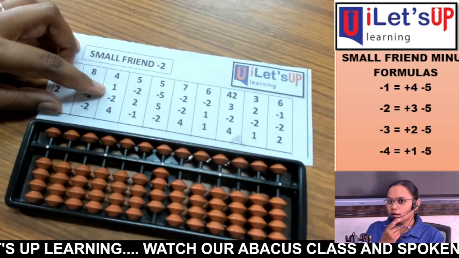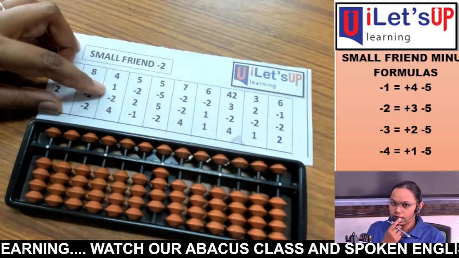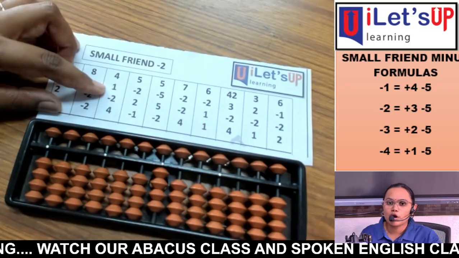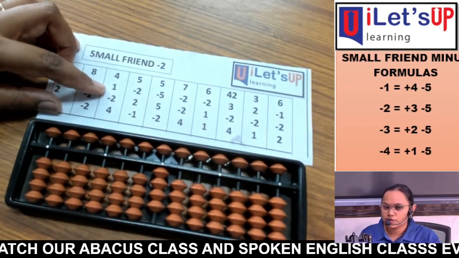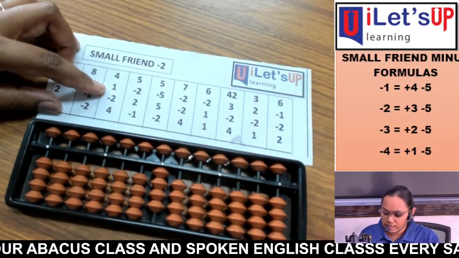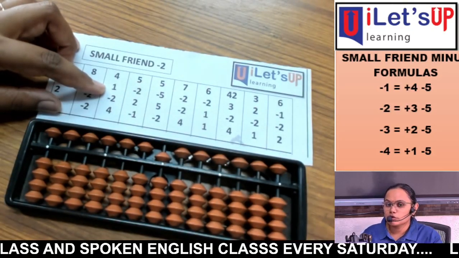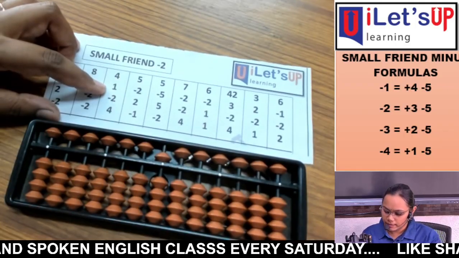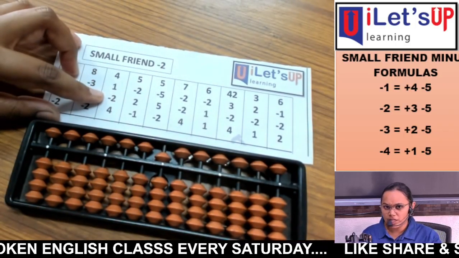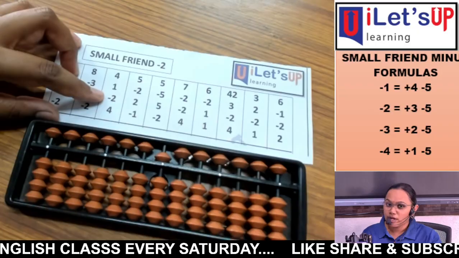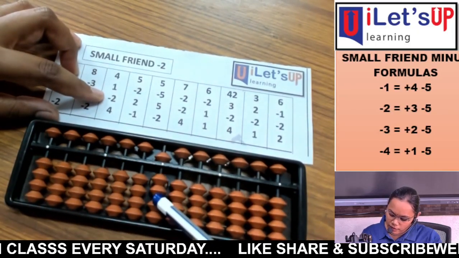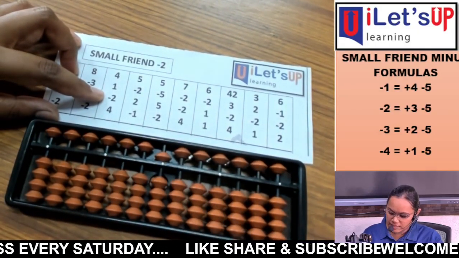So when I can't go for 1, when there are no beads, I need to apply the formula of small friend plus 1. So what does the formula say? Subtract 4, add 5. 4 plus 1 is also 5. You can see it is correct. Subtract 2. Possible? Not possible. Why not possible, ma'am? Here, if it was like this, I would have done it easily.